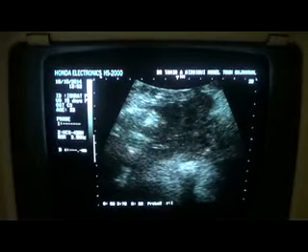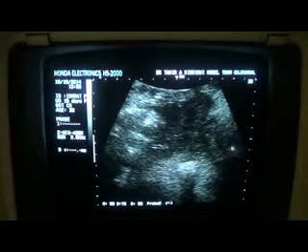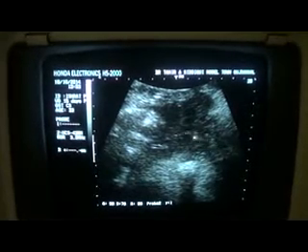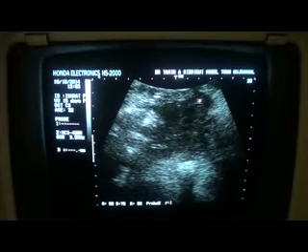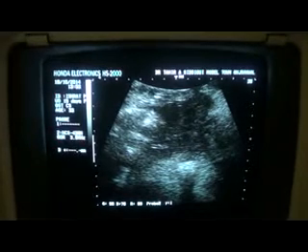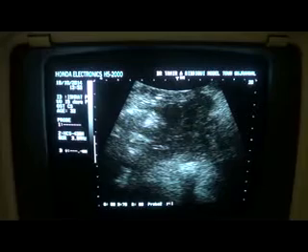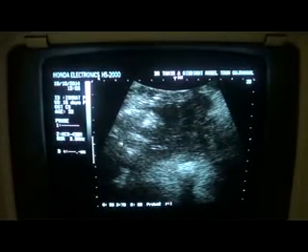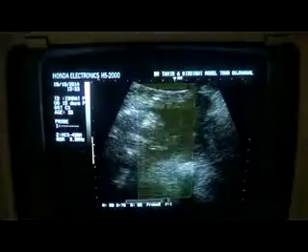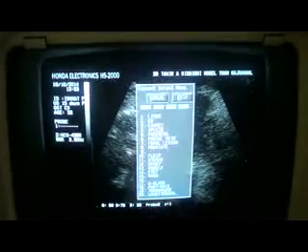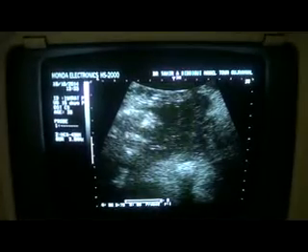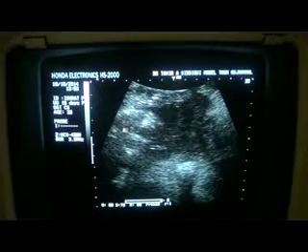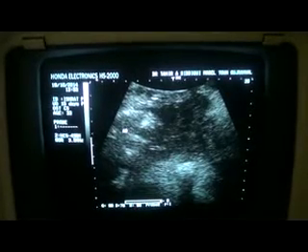This is all echo-filled fluid tracking from the pelvic cavity into the right lower abdominal quadrant. These thick mesenteries are suggestive of adhesions, as we can see on ultrasound.